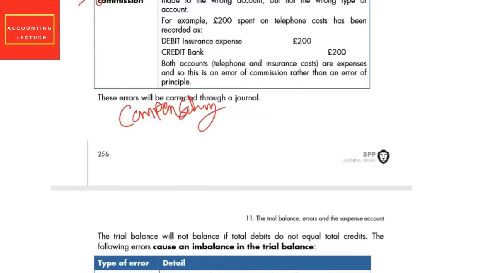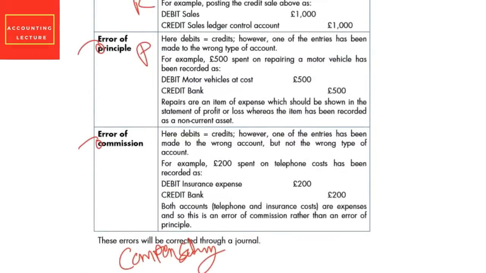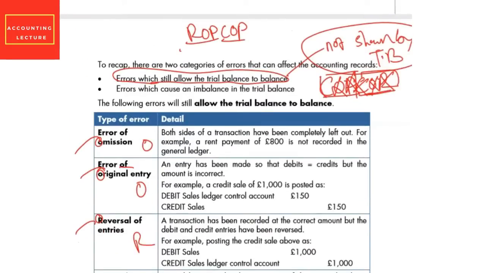Compensating. When two errors coincidentally cancel each other out, that is compensating error. That's your COPCOR or Rob Cop. Under the Rob Cop, the compensating doesn't come. So Rob Cop is also a nice one: reversal, original entry, principal, commission, omission.